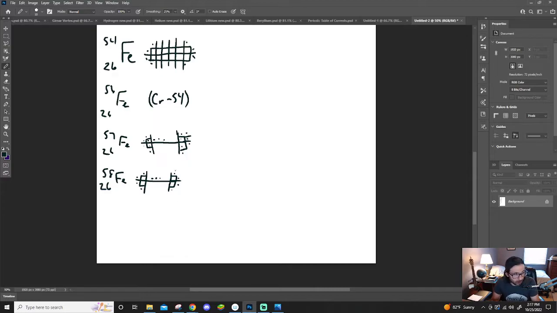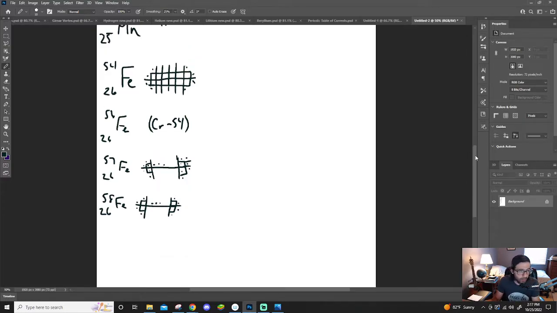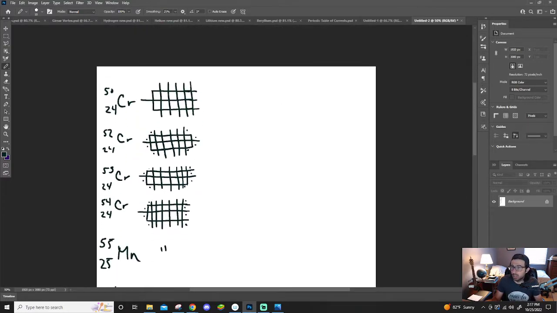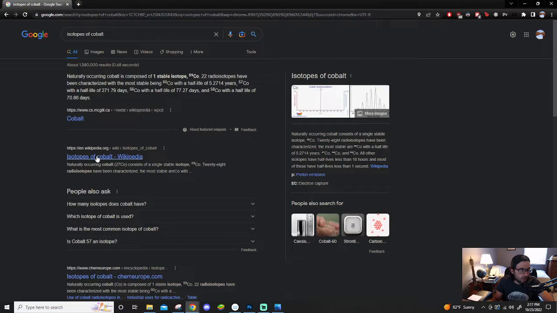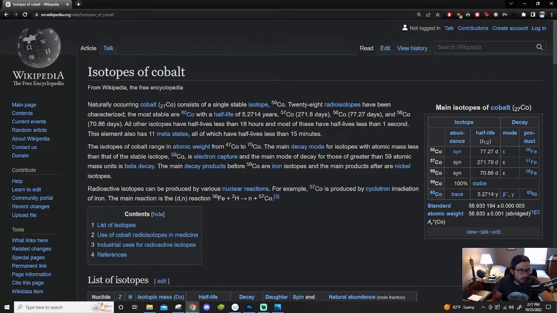Okay, let's go to cobalt. Cobalt. Isotopes of cobalt. Really, it's just stable 59.